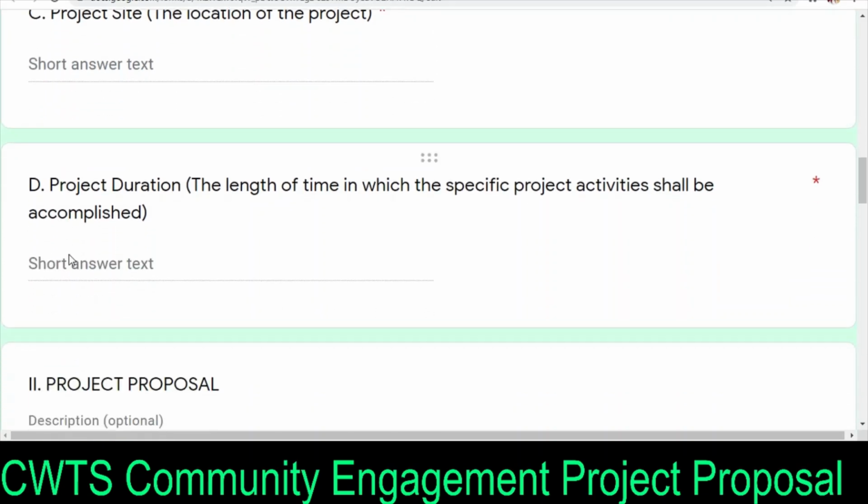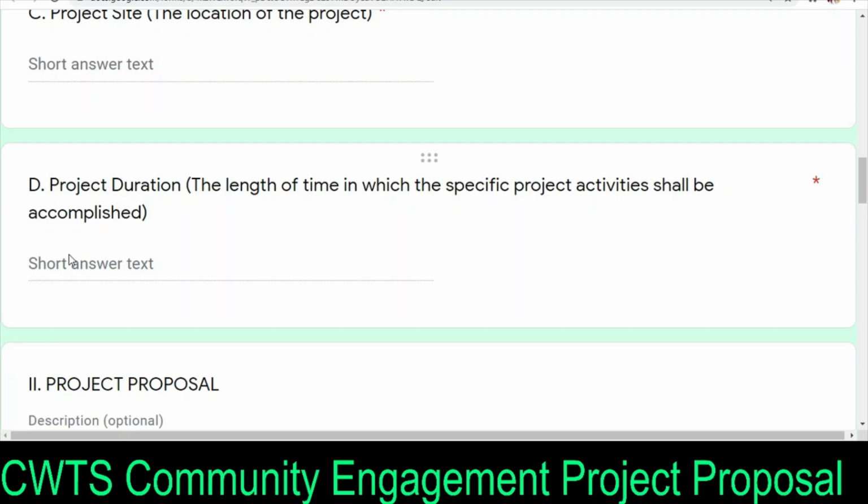This is the length, how long the project activity shall be accomplished. Take note that our second semester will end sometime in July. Consider that what you're writing right now will be approved in 1 or 2 weeks, and it will be implemented right after the approval.